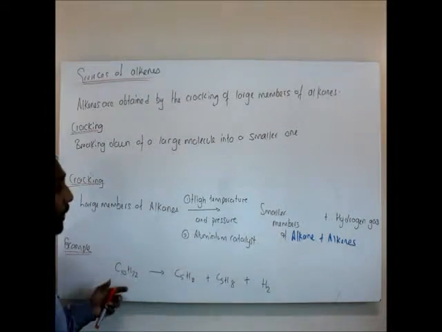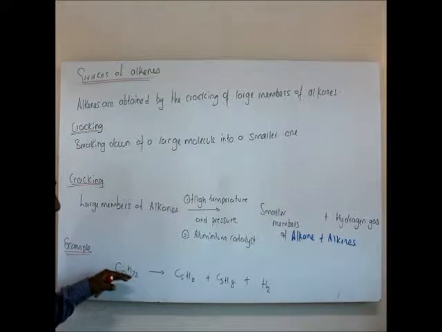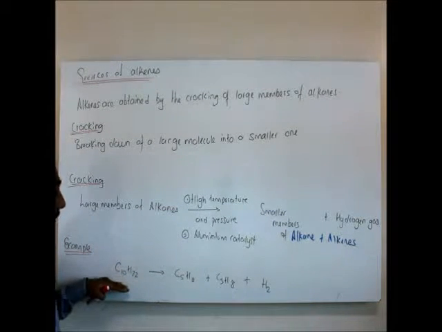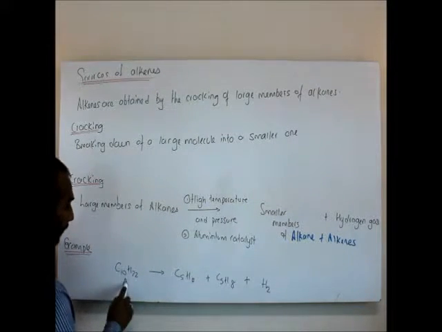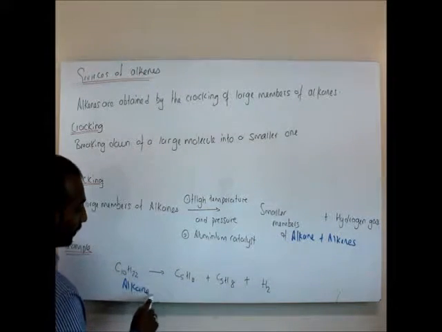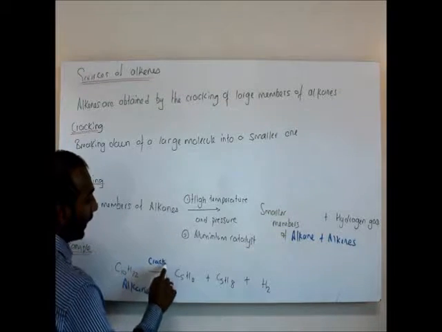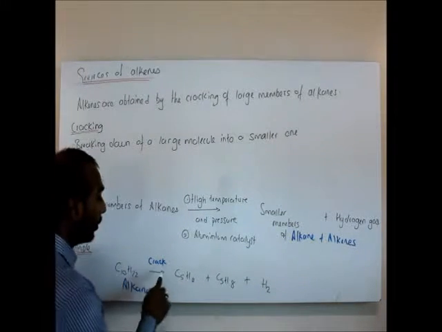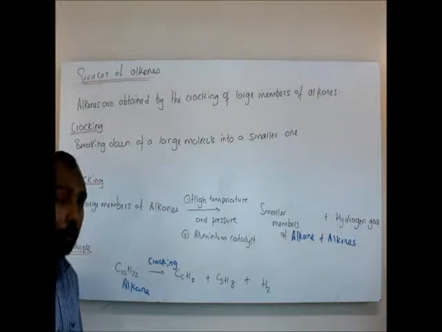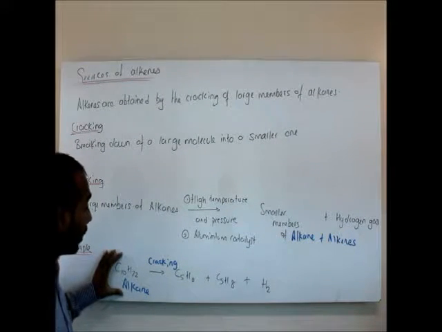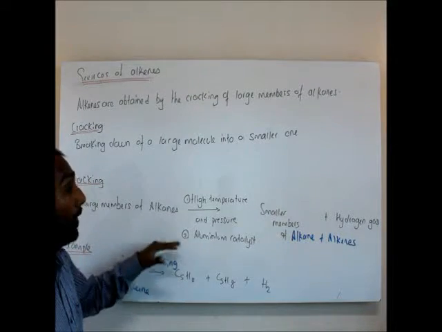Let's take one example of this. If we look at this one, C10H22, it is a big member of alkane. We crack it. Now, it's very important to know in organic chemistry the conditions that we use to do the cracking. In order to crack this larger member of alkanes, you're going to need some conditions.